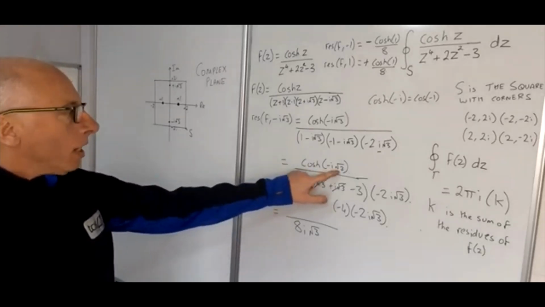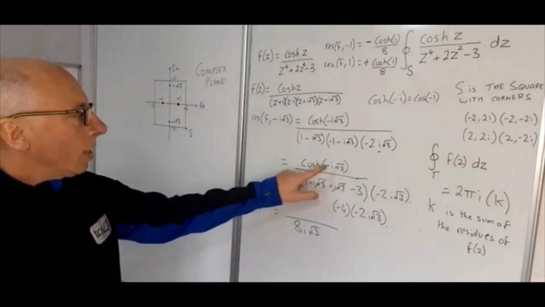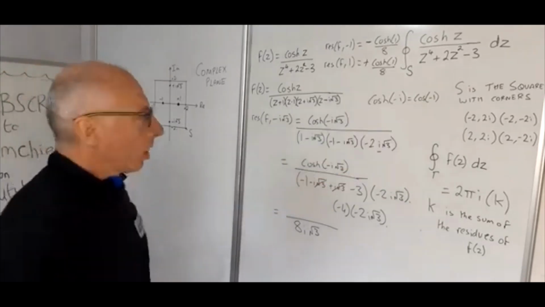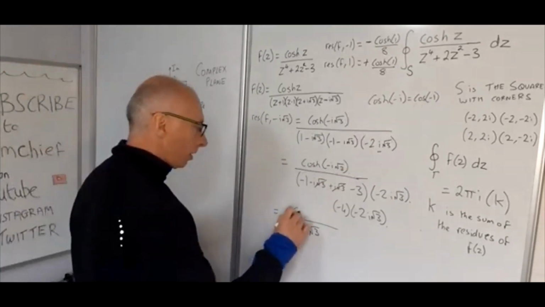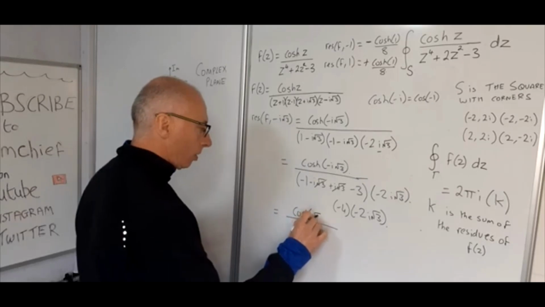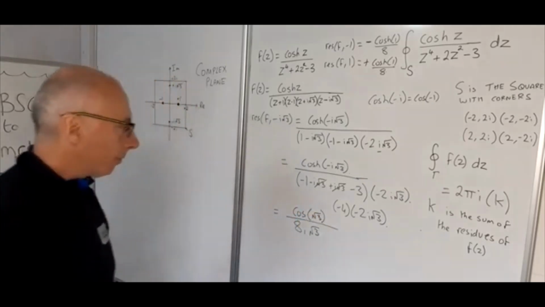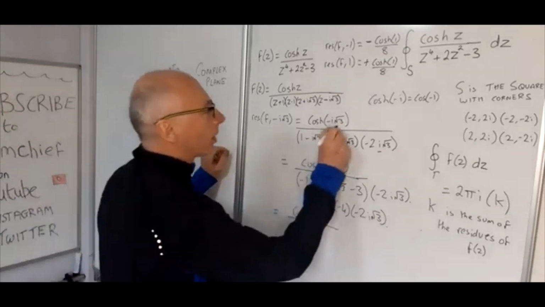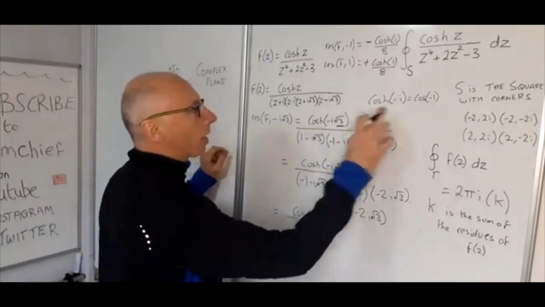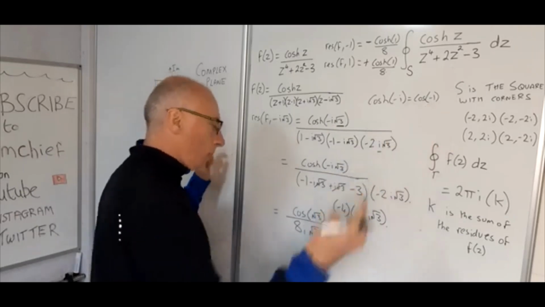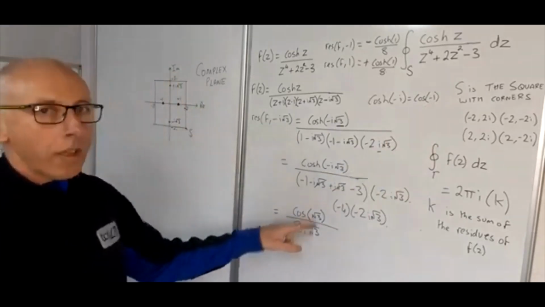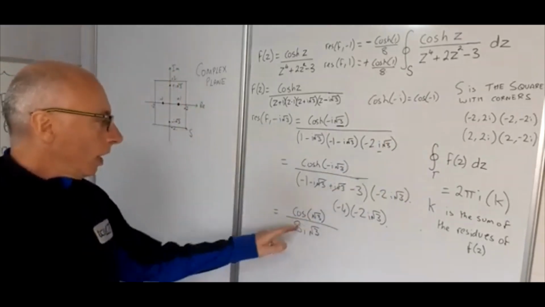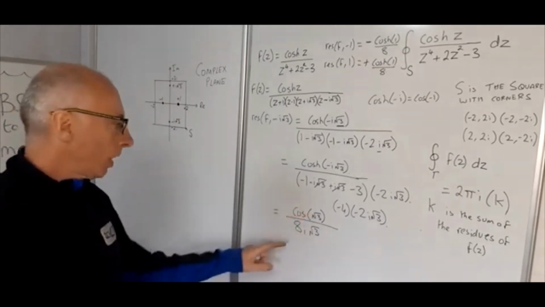And the root 3 here, which is also a constant, will now stay inside of the cosine. So I'm going to write this as cosine of square root of 3. The root 3 will stay, that's our constant, and our imaginary minus i will give us the positive or negative 1, whichever we prefer.